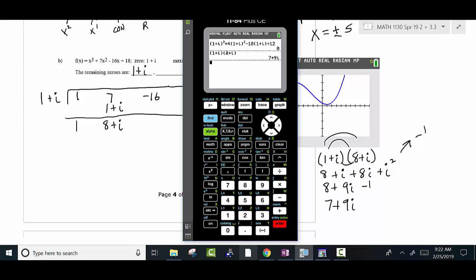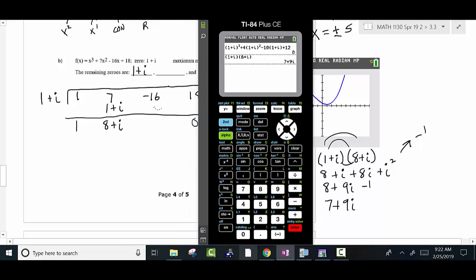Okay, so that means we'll record the 7 plus 9i like that. Add the column. That would be negative 9 plus 9i like that. Now you can do the next one the same way if you want to.